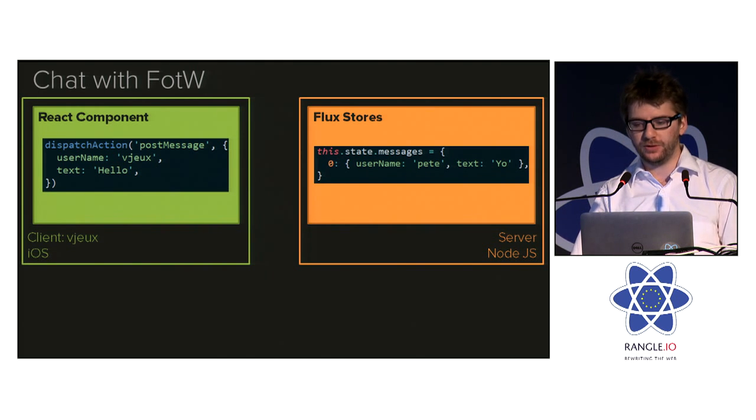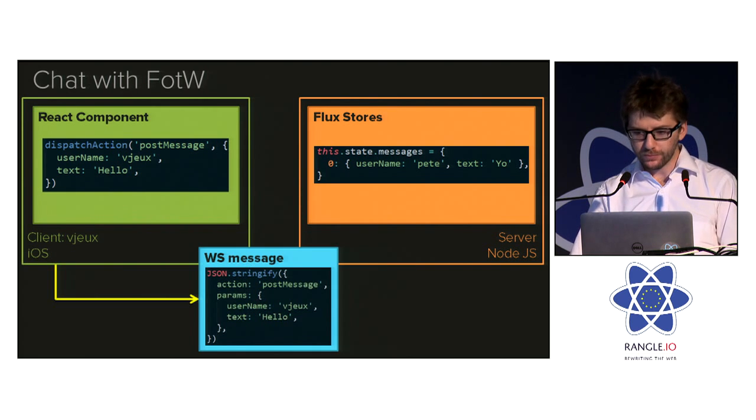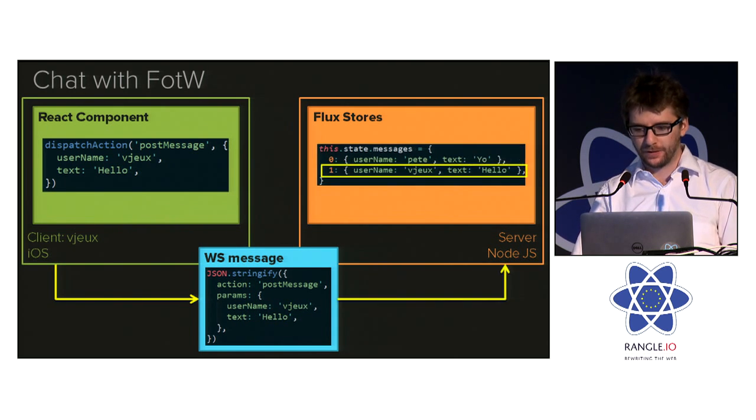The React component implementing this button fires a dispatch action function call. Under the hood, this action is JSON serialized and sent across the network through a client-to-server WebSocket frame. Upon receiving the WebSocket message, the server unserializes it, and the Flux store can then update its internal state. The store then contains a new message attributed to user Visual containing the text hello.